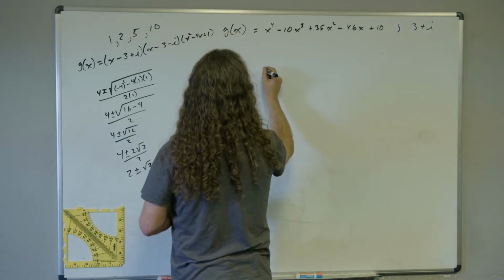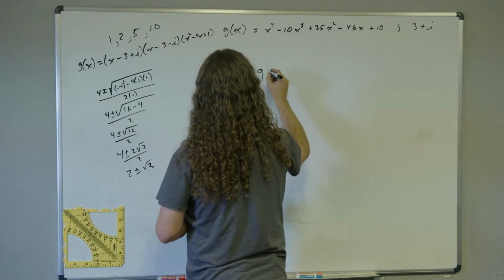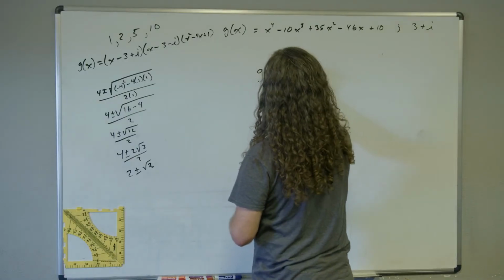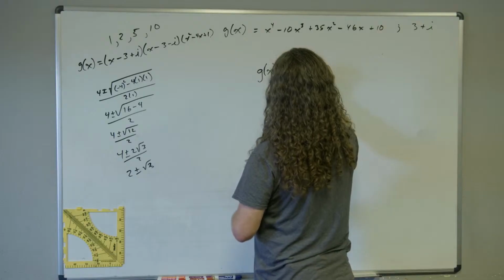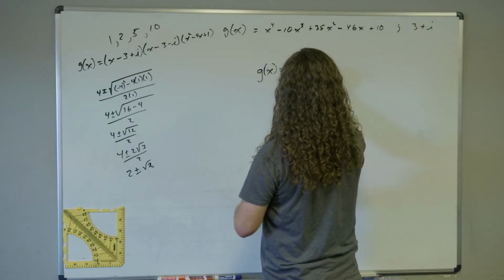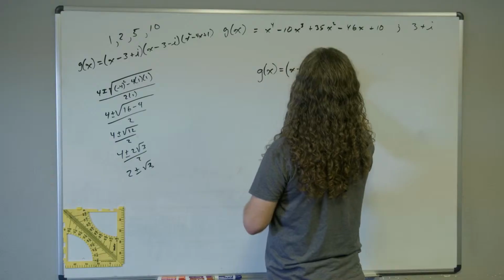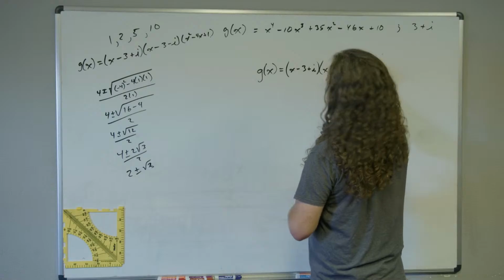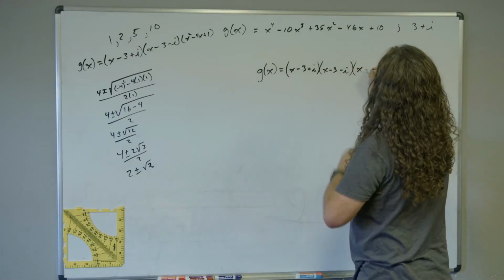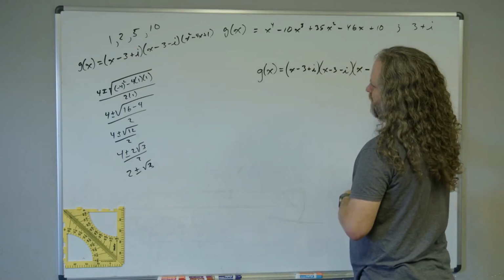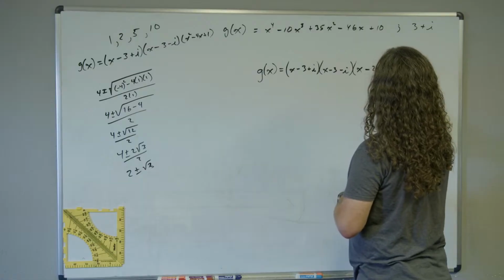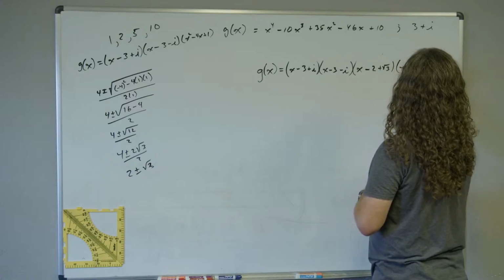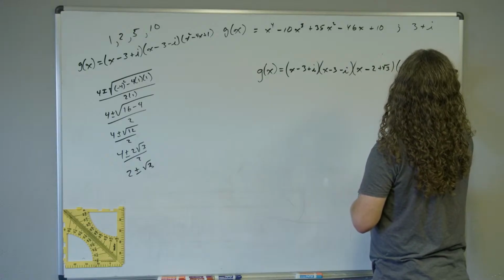The final factored form would be g of x equals x minus 3 plus i and x minus 3 minus i times x minus 2 plus the square root of 3 times x minus 2 minus the square root of 3.